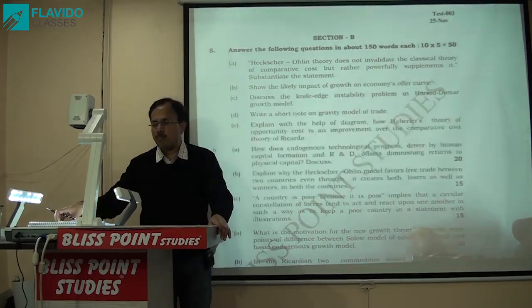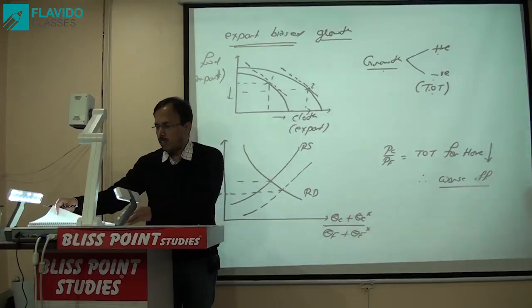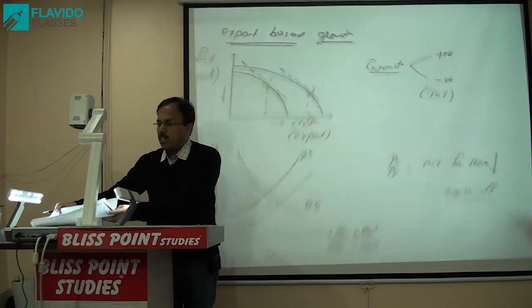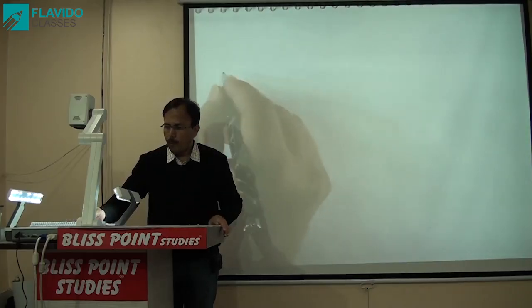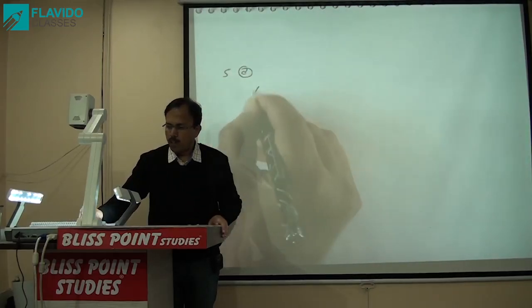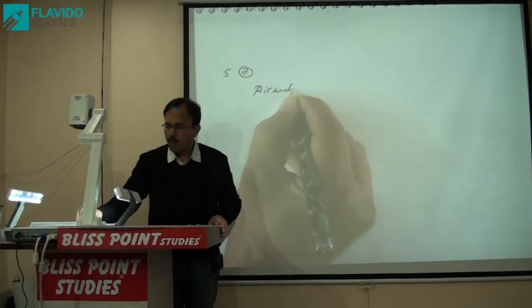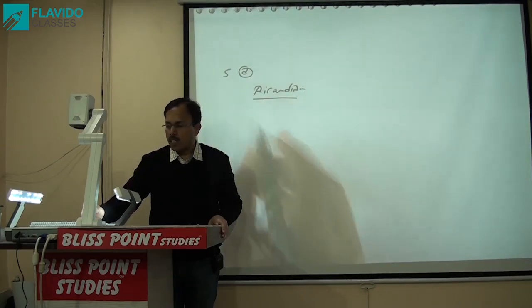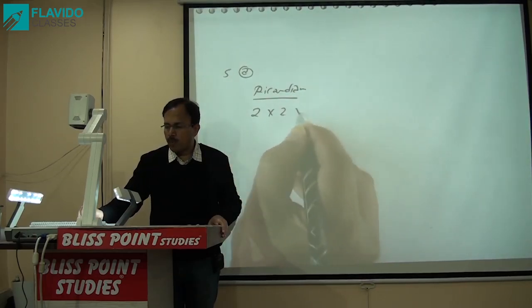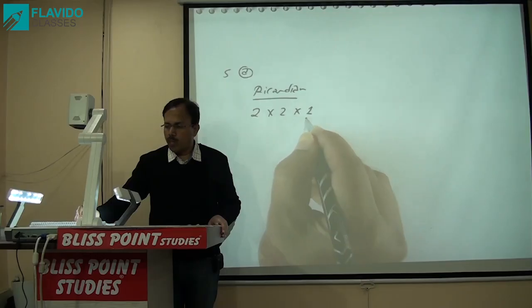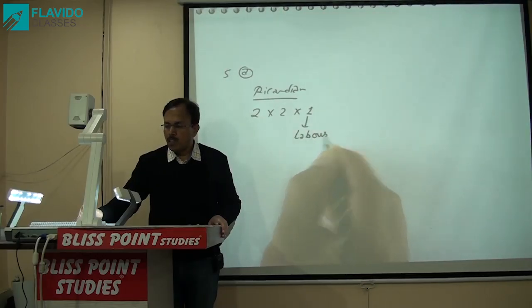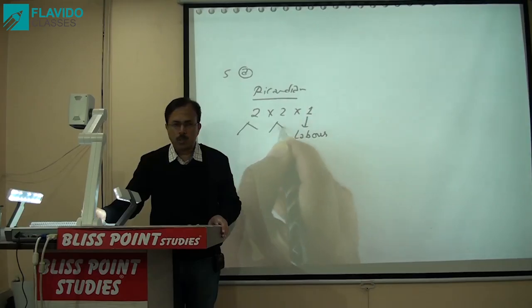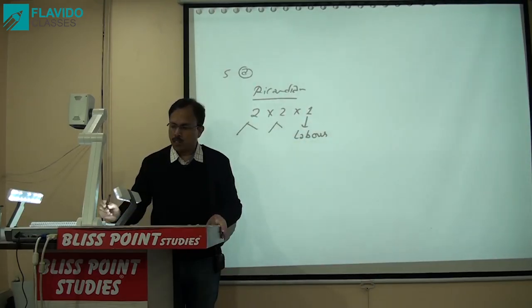Just for example, if you have to explain it further, then remember in a Ricardian model, it is a 2 by 2 by 1 model. So we have only one factor of production. Two countries producing two goods by using only one factor of production.